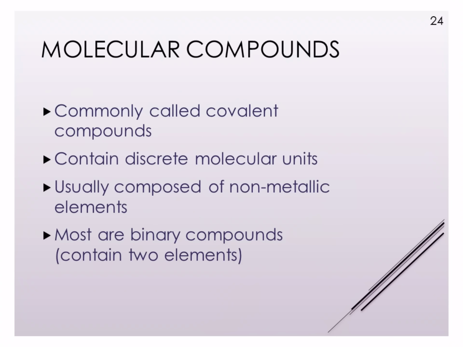That means they contain two elements, but they could very easily contain many atoms, even if they only contain two different types of elements. There are exceptions to that, but we're going to mainly worry about the binary compounds.